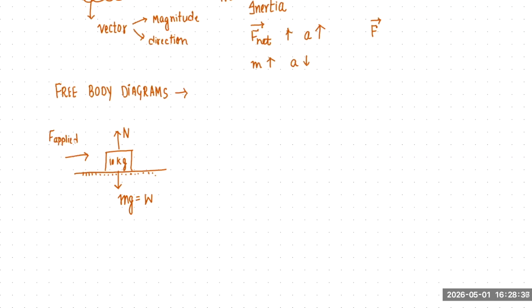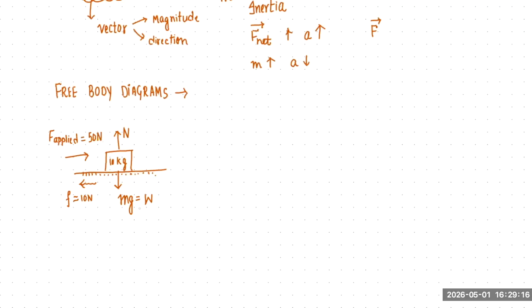And as it is placed on a surface or a table, we will see there is going to be an opposite force just because of the inertia of the object or the surface. This is the friction. Let's say this friction is 10 Newton and the applied force is 50 Newton. We will see these two vertical forces are going to be cancelled.